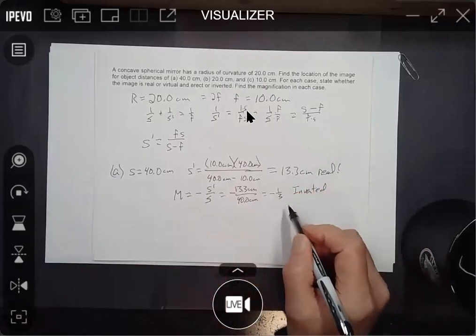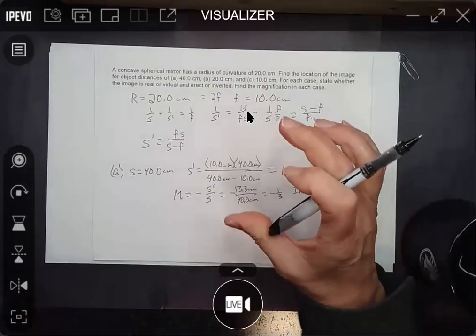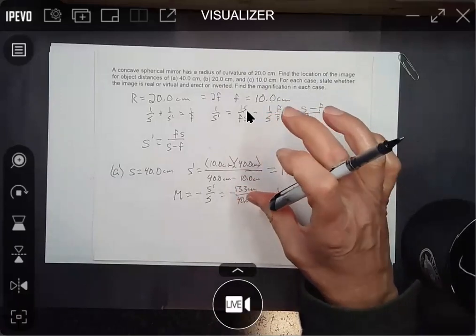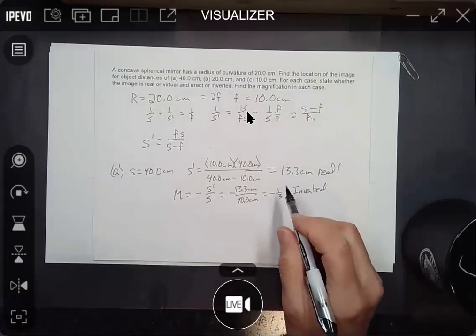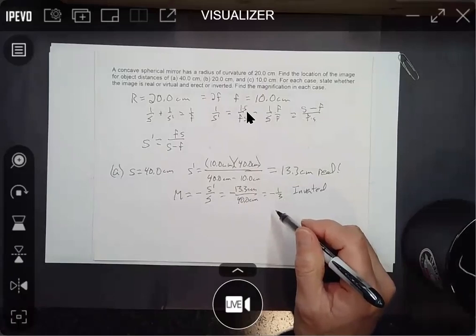And it's 1/3 the size of the original. So if the original was, say, a candle that was 10 centimeters tall, the image is going to be an upside down candle that's only 3.3 centimeters tall, 1/3 of 10.